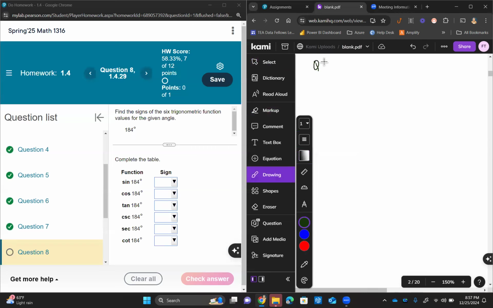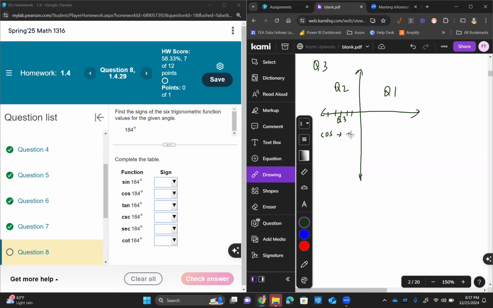So we have a quadrant 3 angle. So if we show, this is quadrant 1, this is quadrant 2, and this is where quadrant 3 is going to be. So when we understand the signs for quadrant 3, x-axis is the cosine value, and it will be a negative value because all these x values here, they're negative numbers.